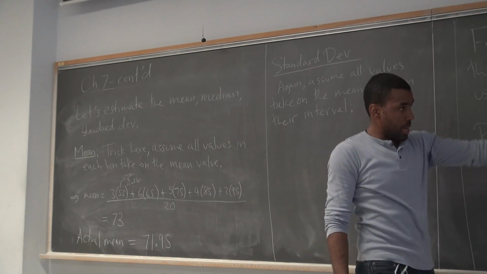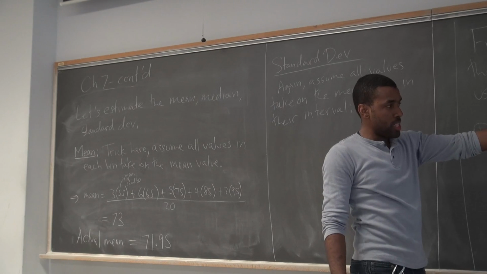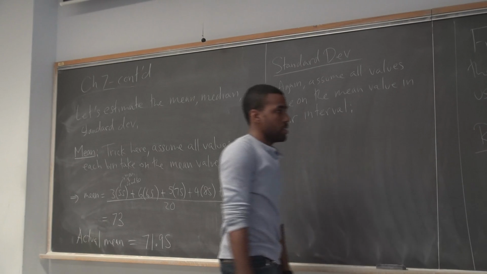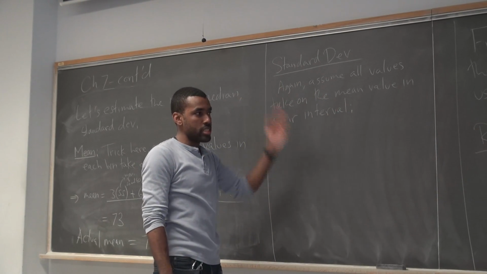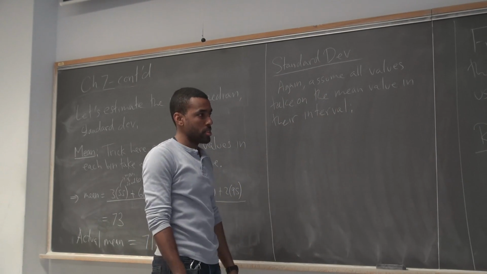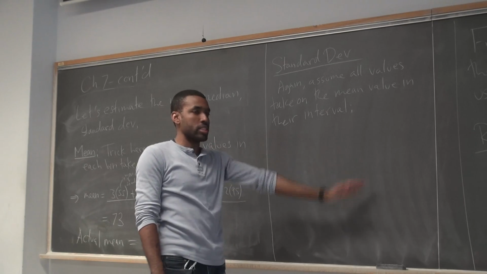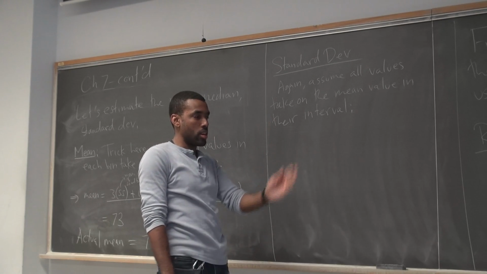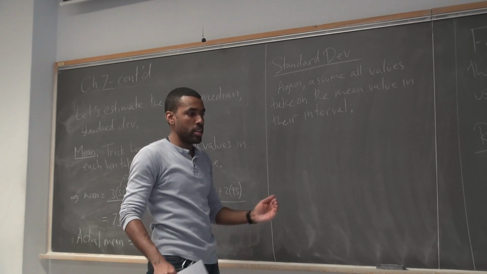So for example, I know there are 3 grades in the range 50 to 60. Pretend they're all 55s. And there are 6 grades between 60 and 70. Pretend they're all 65s. There are 5 grades between 70 and 80. Pretend they're all 75s. Just estimating. Pretend they all take on the value of the average value of the interval.